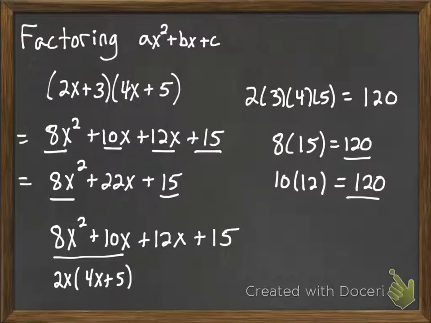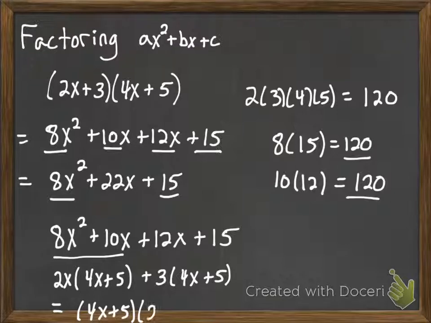And when I come to the 12x and the 15, I can say, well, 3 will go into both. So that'll leave me with a 4x plus 5. All right, and then we can pull out the 4x plus 5 that's in both. And we have our 2x plus 3 left over. And we now have the result factored.